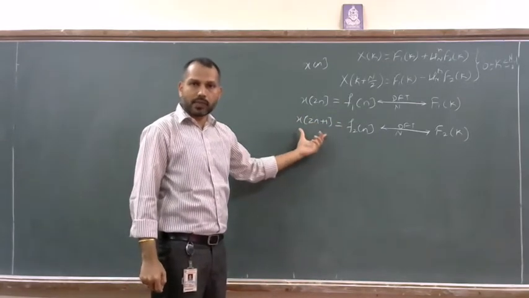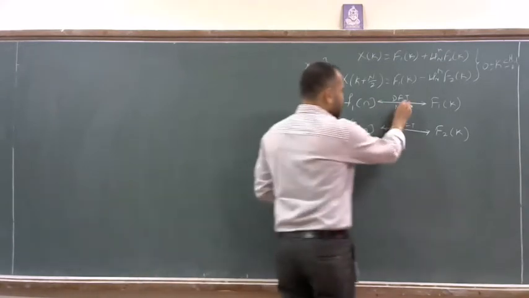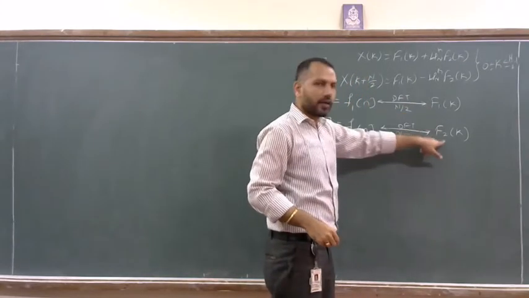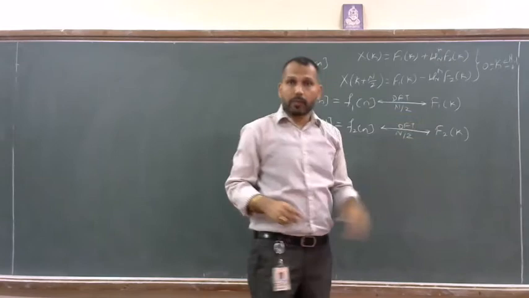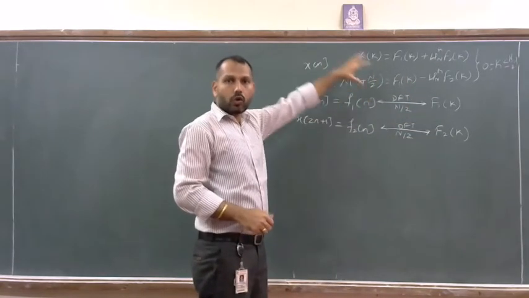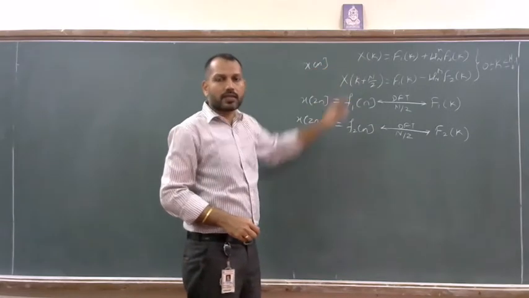Their respective N by 2 point DFTs will be F1 of k and F2 of k, and these two N by 2 point DFTs will be combined to obtain one N point DFT represented by X of k and X of k plus N by 2.